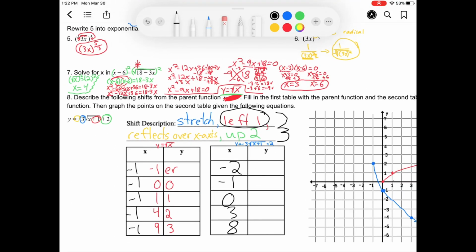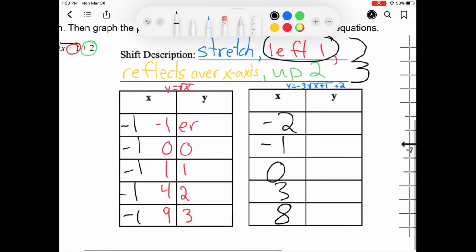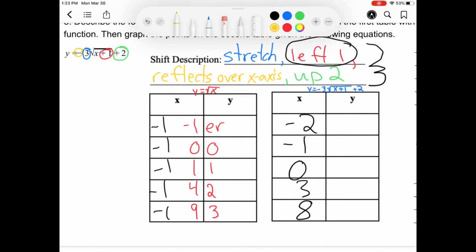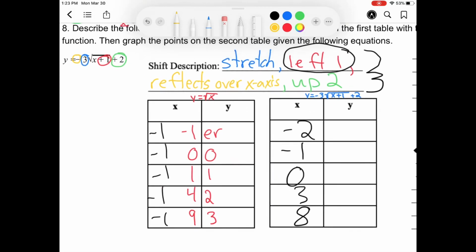Now, for the other transformations to find your y values, you can either put it in a calculator and find all of them, or come into the y value table and do each transformation to each y value. So it reflects over the x-axis and stretches.